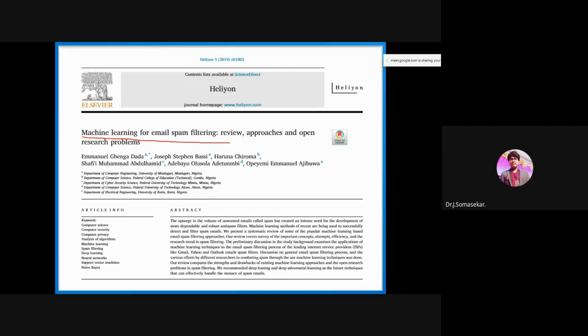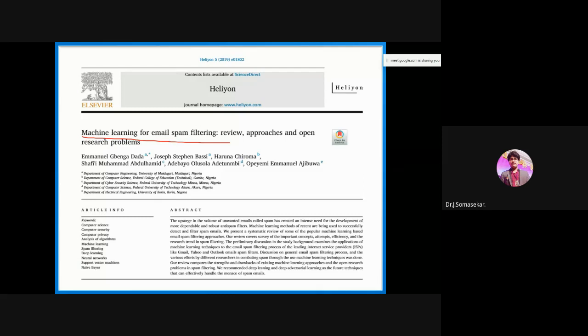Just a second, it's buffering. Yeah. The complete details of how machine learning models help email spam filtering, including the Bayesian classifier and other classifiers like SVM, support vector machine, decision tree, random forest, and maybe other algorithms, you can find in this publication.